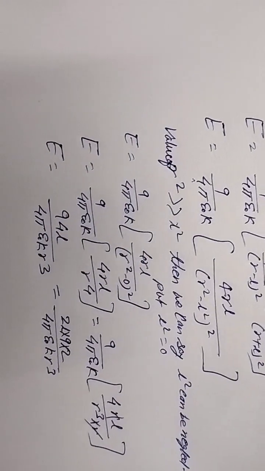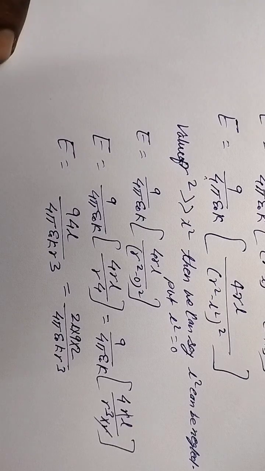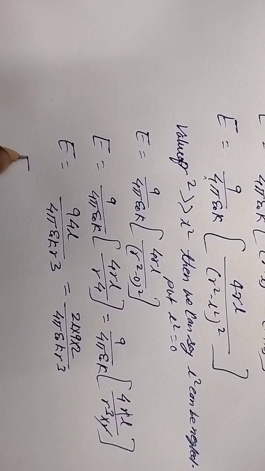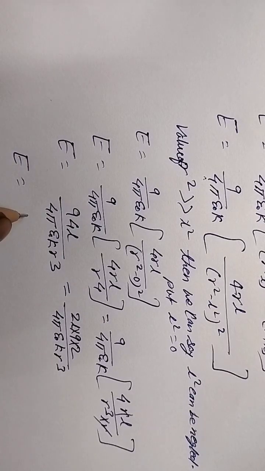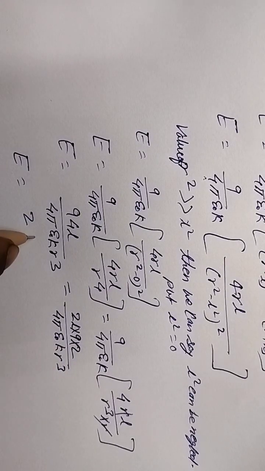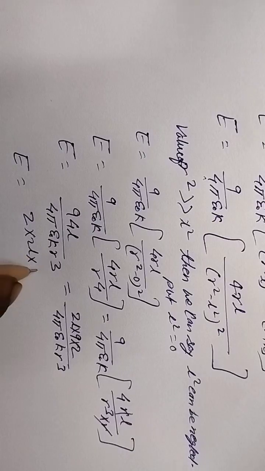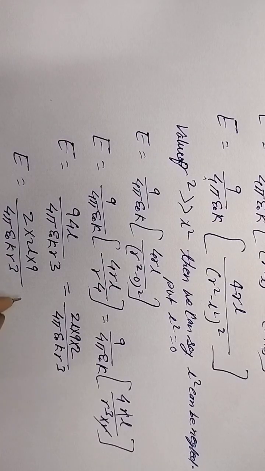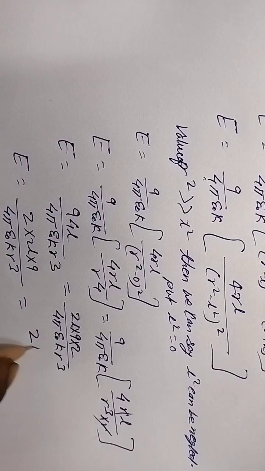Now rearrange this. 4QL can be written as 2 into 2L into Q upon 4 pi epsilon 0 K R cube.